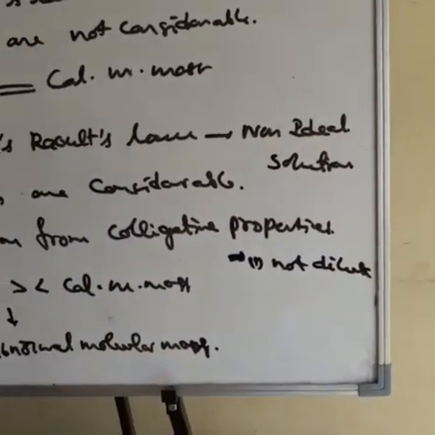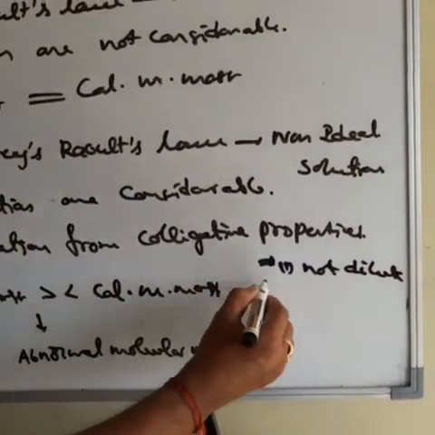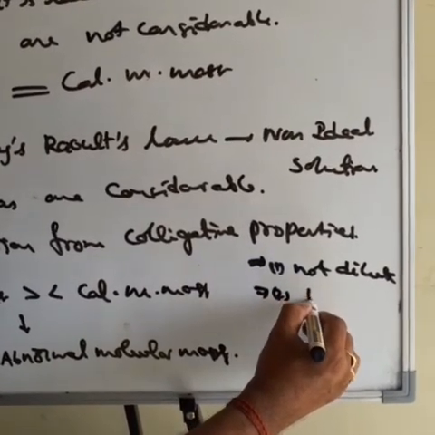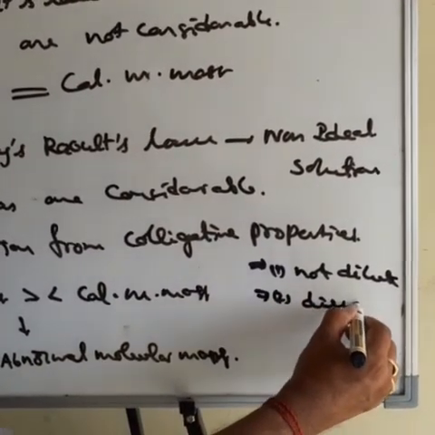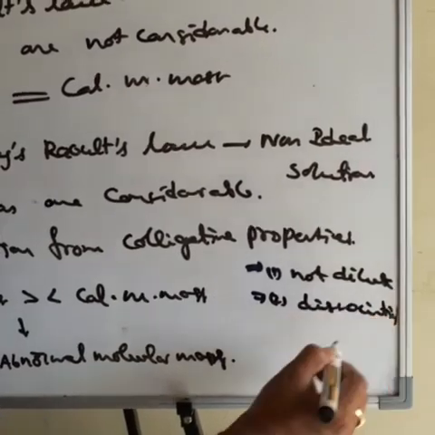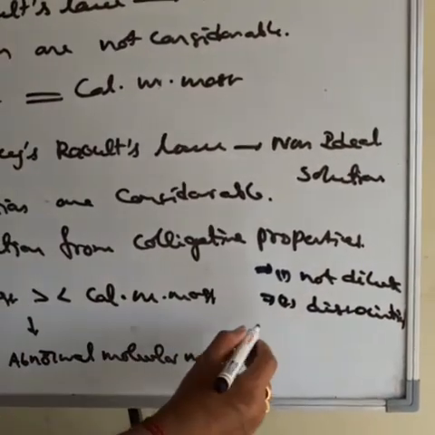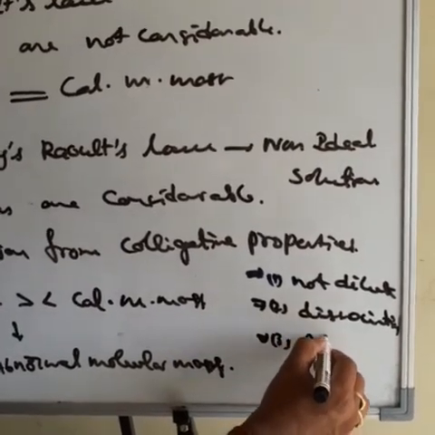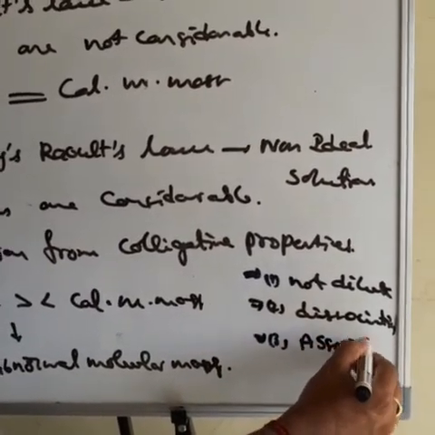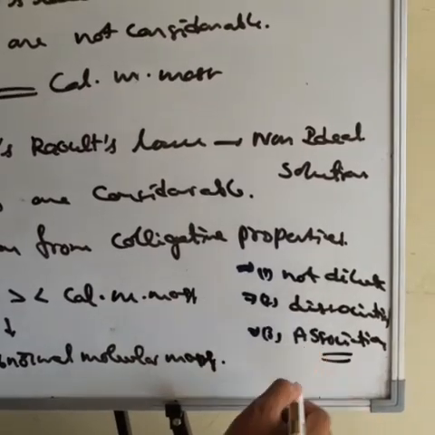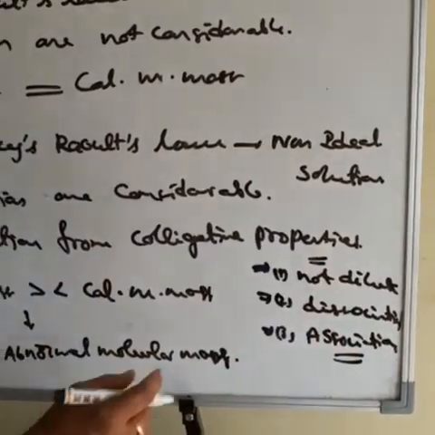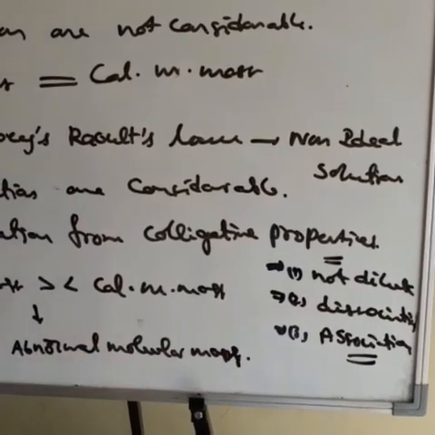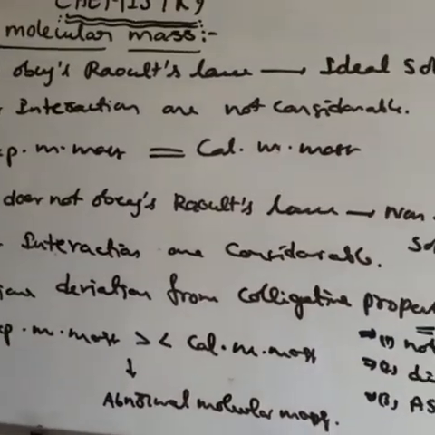At that time, abnormal molecular mass can be observed. Second, the solute undergoes dissociation. Third, the solute may undergo association. In these cases also, the solute has abnormal molecular mass. So this is the introduction of this concept.